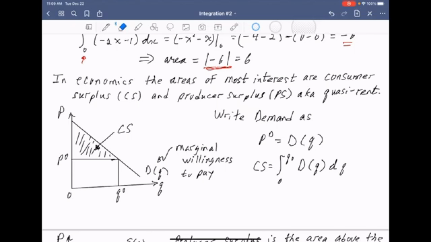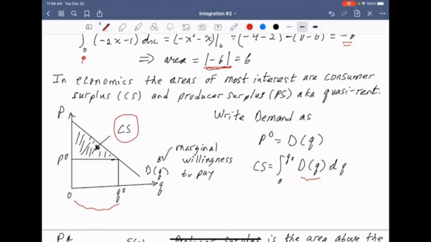It is a function of Q. So then consumer surplus in the diagram here is given by the integral from 0 to Q0 of this function d of q, your marginal willingness to pay, and then this becomes the area under the curve.